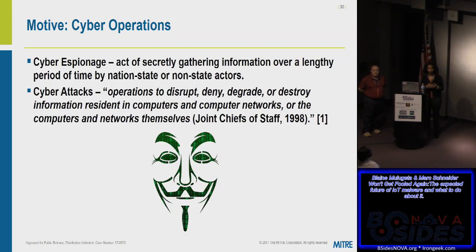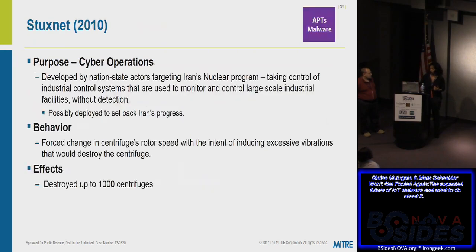So this is also a common mode of cyber operations, and it can be broken into two sections, and that's espionage and attacks. This is comparable to a destructive motive in that it is causing damage at some point, but it is very targeted, as Mark had mentioned with Stuxnet.